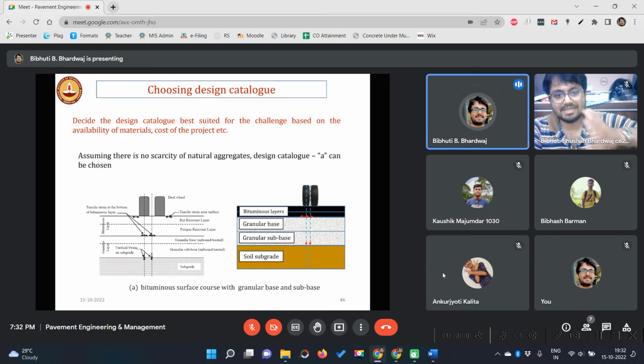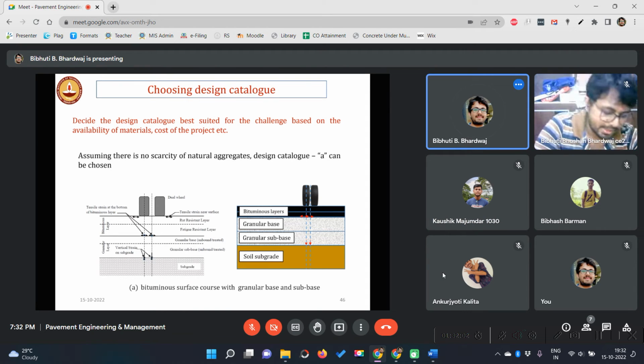In this case, let's assume there is no scarcity of aggregates. So let's go for design catalog A, which is soil subgrade, granular sub-base, granular base, then binder course and surface course.